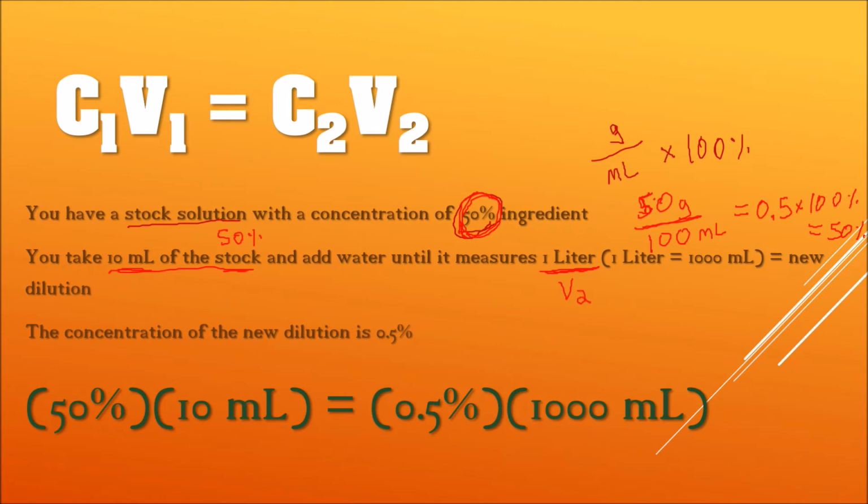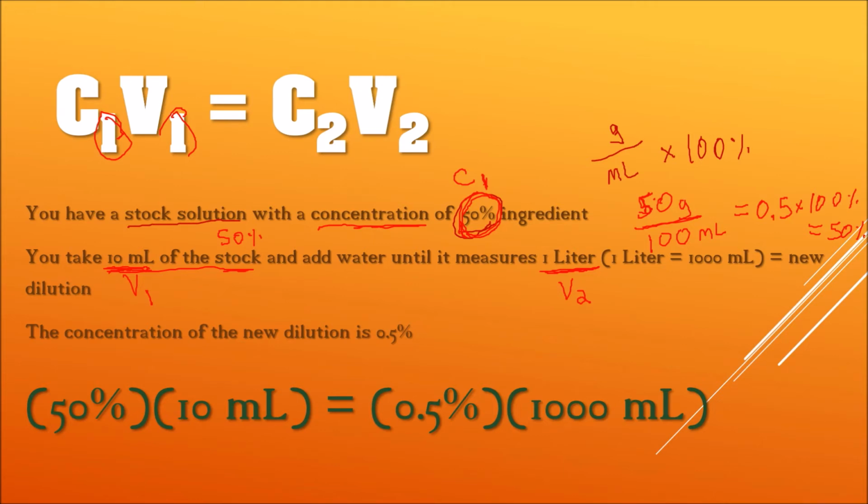Now this stock solution with a concentration of 50% ingredient, that's the concentration of the stock solution, so that would be C1. C is concentration and 1 is for the stock. You take 10 milliliters of the stock, so that's the volume of the stock. That would be V1.